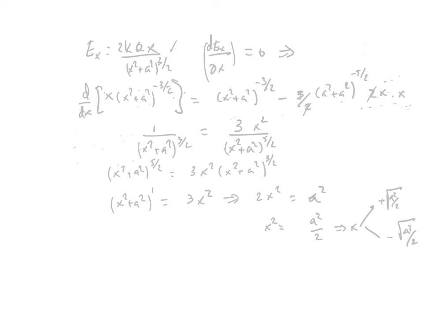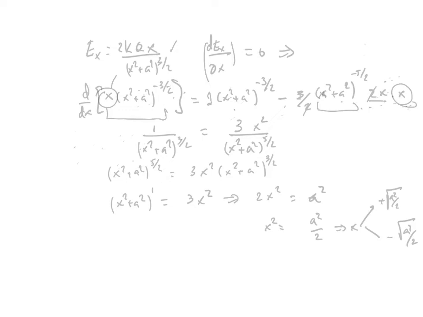Well, for the variation with respect to x, we have to take this derivative. It is the derivative of the first, that is 1, times the second, plus the first times the derivative of the second, which is minus 3.5 times the function to the power minus 3.5 minus 1, that is minus 5.5, times the internal derivative of x squared, which is 2x, and times the other x.